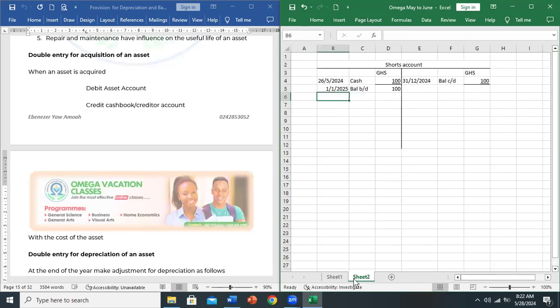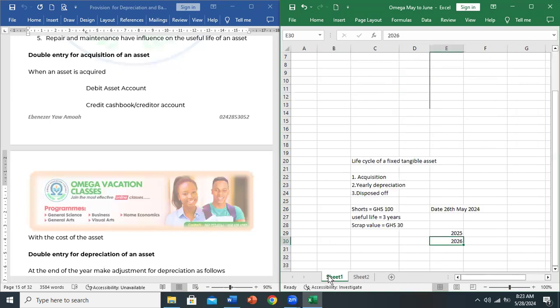So if you are following me, every year, since you haven't sold the shorts, you would have to be carrying the balances to the next period. So let me do that till we get to the 3rd year where the asset was disposed of, right? Because Mommy says that the shorts will be disposed of after 3 years.